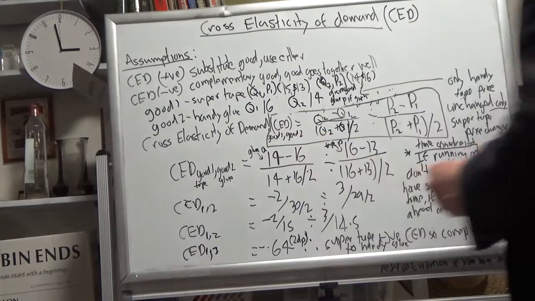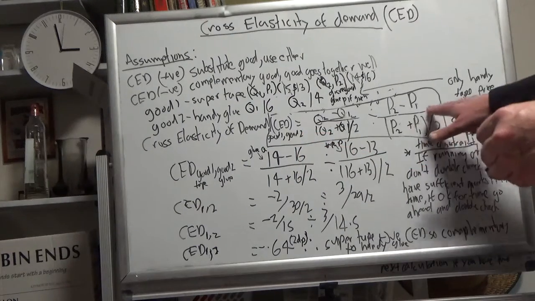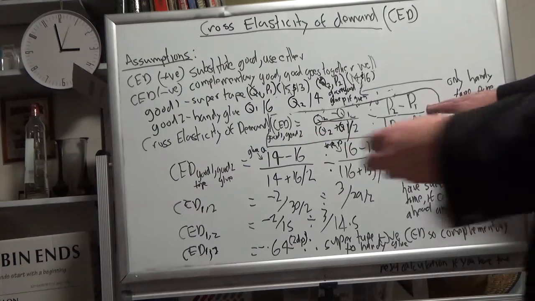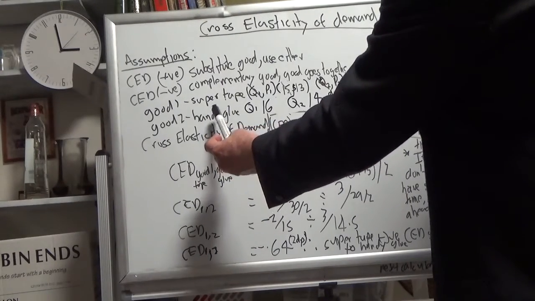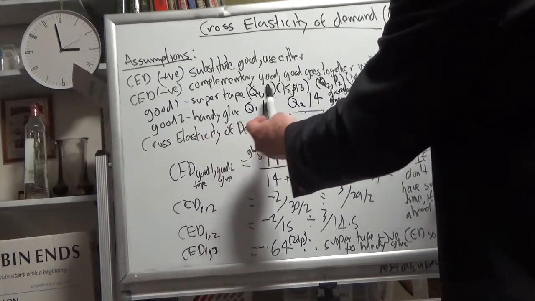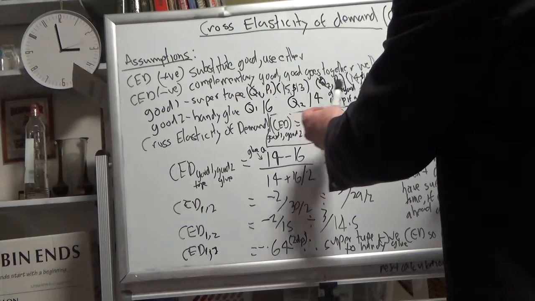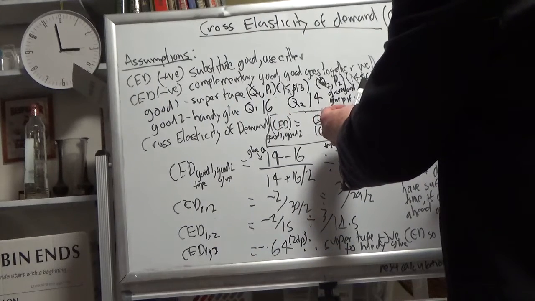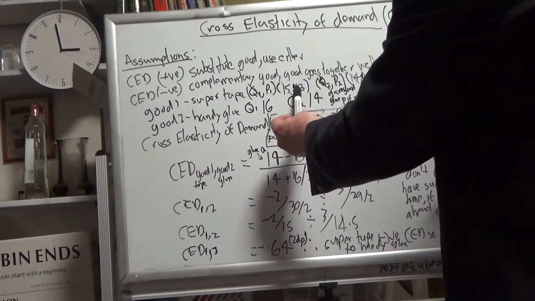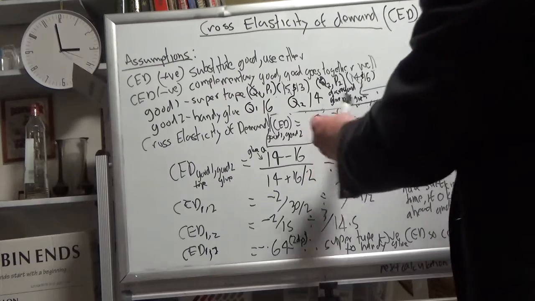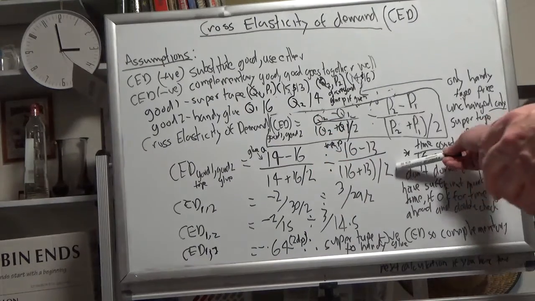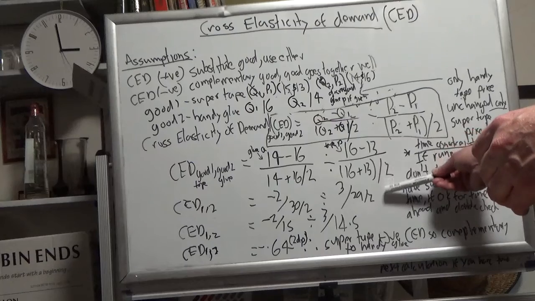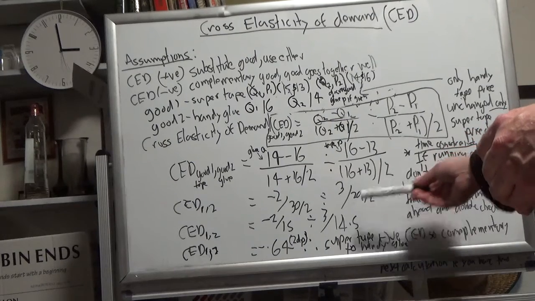Divide that by the price part of the equation, focusing on the price change of Super Tape. So P2 of the Super Tape is 16 minus $13, yeah, divided by 16 plus 13 over 2. So we've reached that point. It's just about methodically doing it step by step.